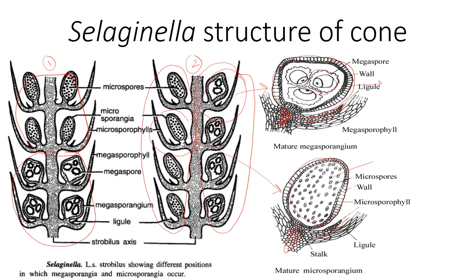Inside the megasporangium you can see 3 to 4 large megaspores, whereas inside the microsporangium you can see numerous small sized microspores. So, this kind of structure is generally seen in the cone of Selaginella.